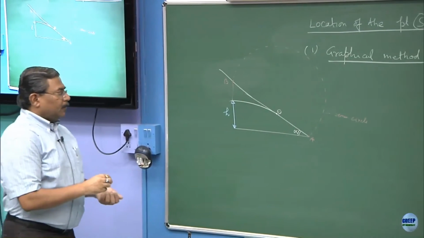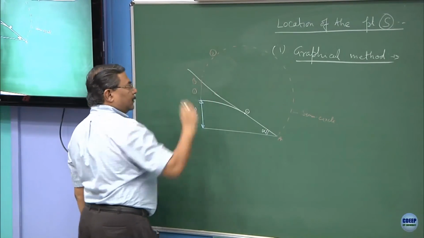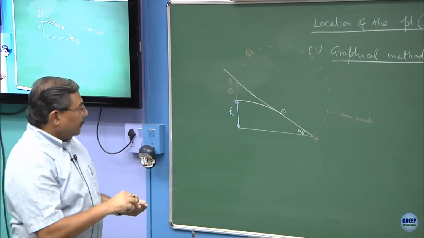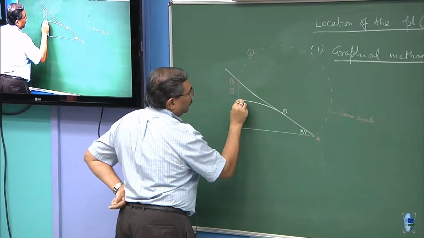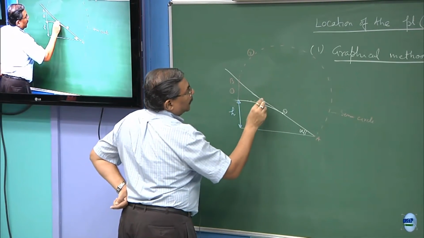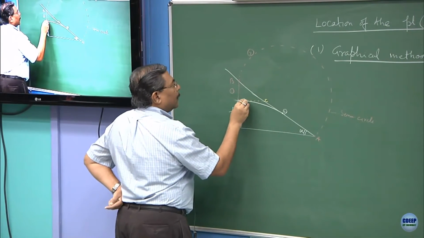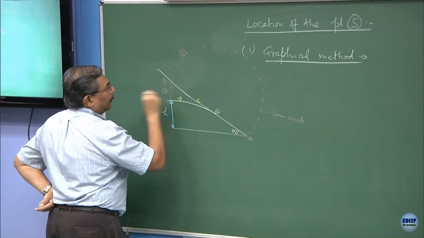Okay. So, the first step is this, step number 2 is this: draw a tangent to the phreatic line and let it cut the downstream slope. Let us say this point is C. This is step number 3.